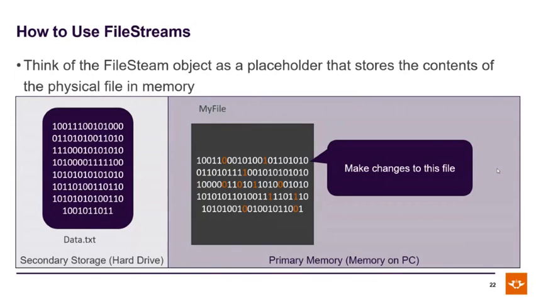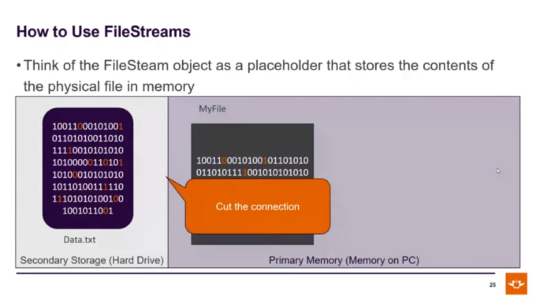You can make changes, you can commit these changes, and then you can send it back to the secondary storage. So your temporary storage, your FileStream object, keeps the information until it is committed. And keep in mind, when I say committed, it means you have to send it back. You have to make sure that everything you changed is sent back.